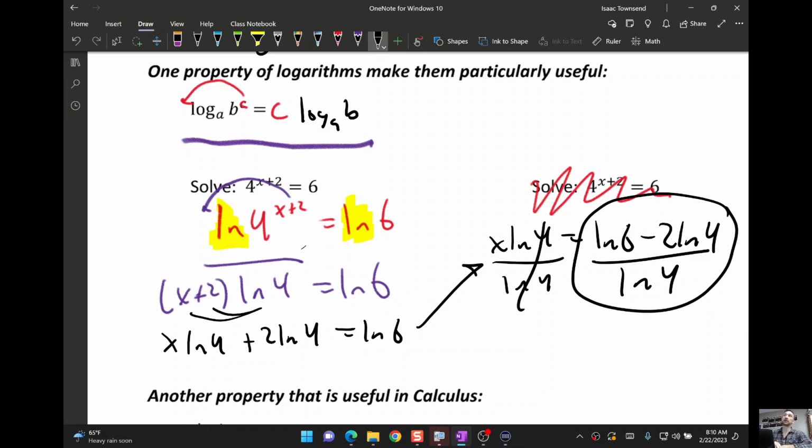And then that would be our exact answer. So I'm not doing anything too complicated, especially considering how messy the answer looks. But if you don't know this property about logarithms, if you don't know that they're how you bring that exponent down, then you're pretty much stuck at the beginning.